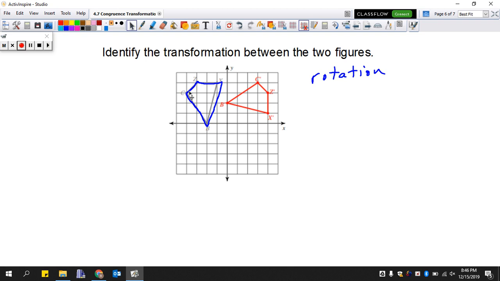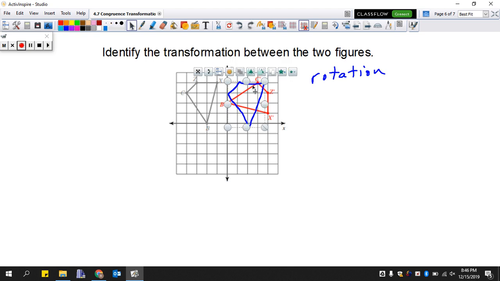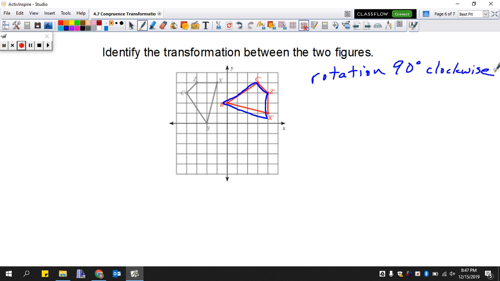Then we select it and we can rotate it. It looks like 90 degrees to the right, or 90 degrees clockwise. If you go to the right, it is referred to as clockwise.